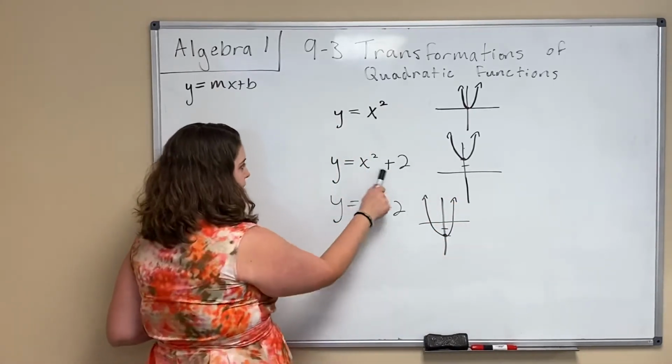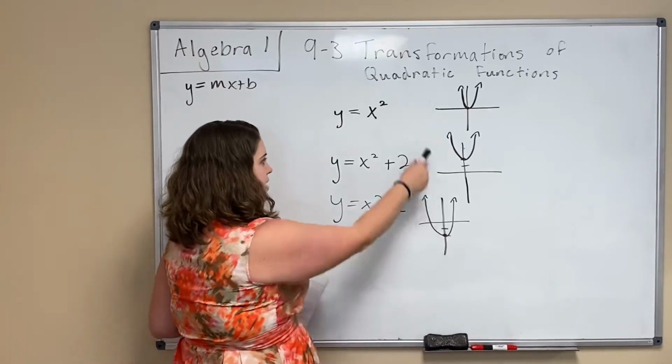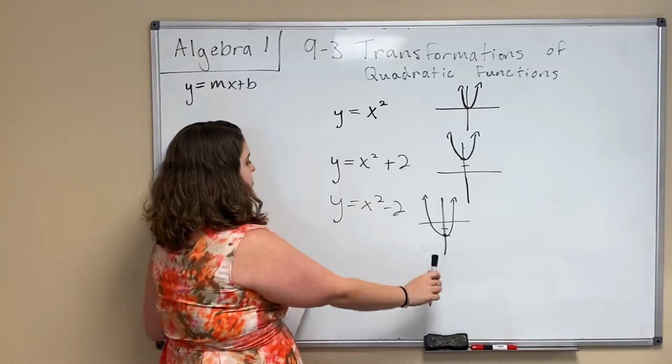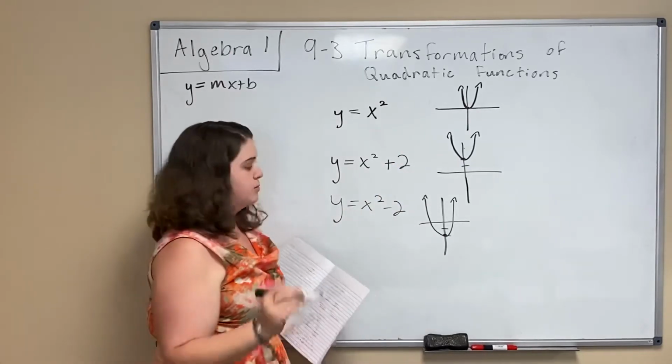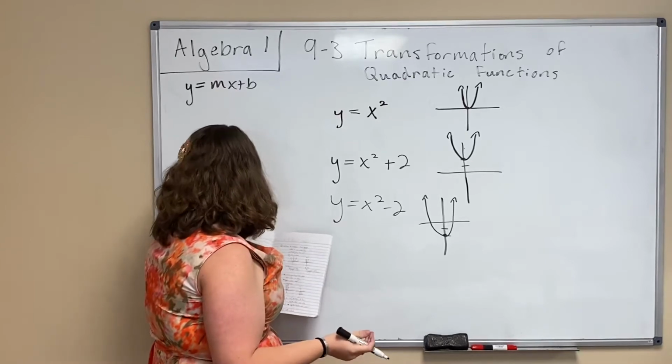So a number added to x squared, added to this term, is going to tell us how much up and down to move our parabola, how we're moving it on the y-axis.